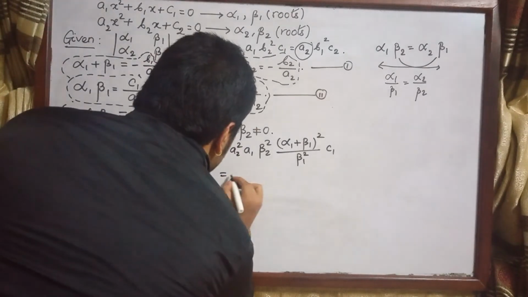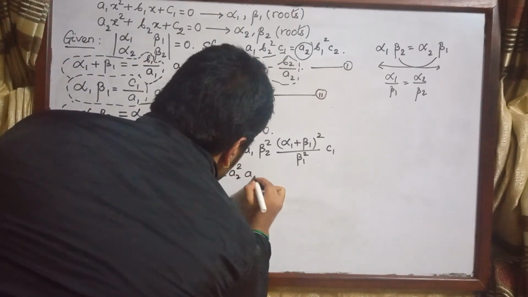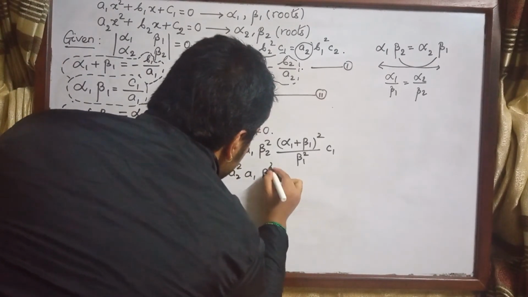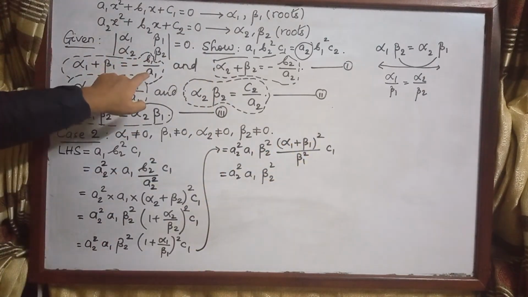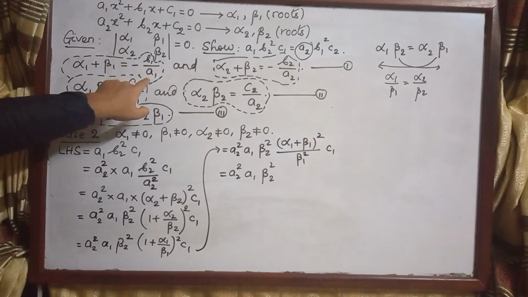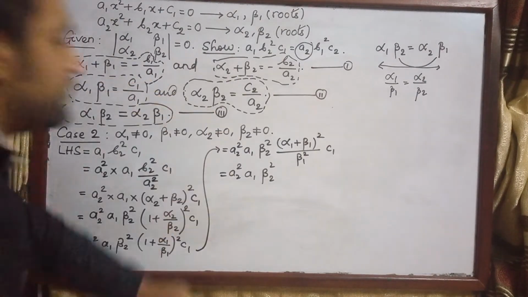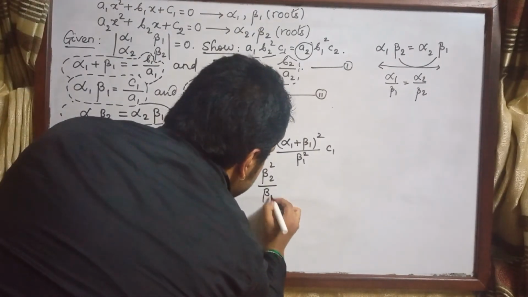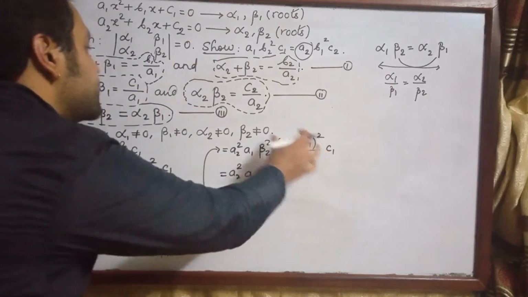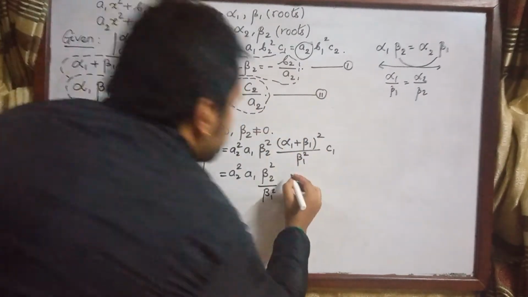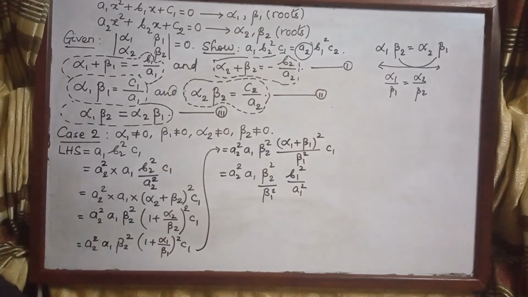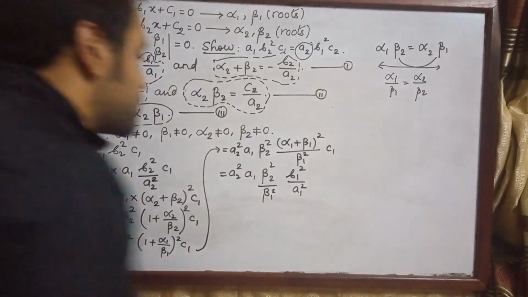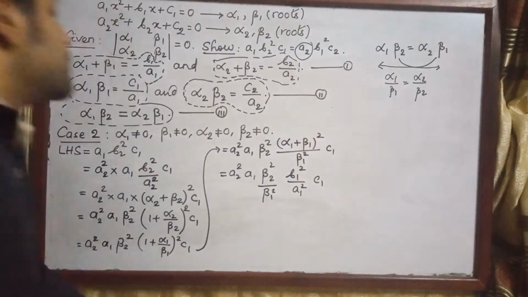So a2 squared a1 beta 2 squared, alpha 1 plus beta 1 means b1 minus b1 by a1. So squaring this, let's take this over here first, will give us b1 squared over a1 squared times c1.